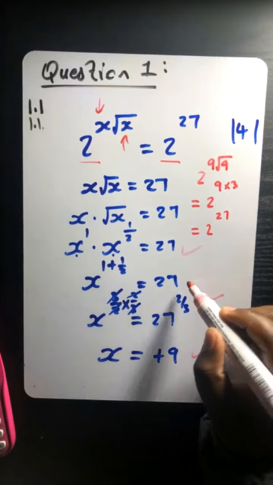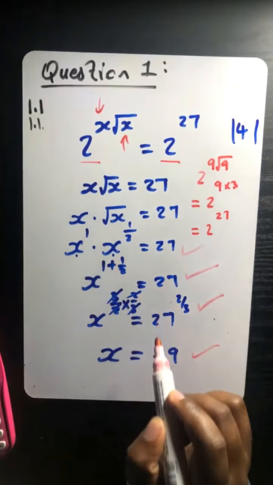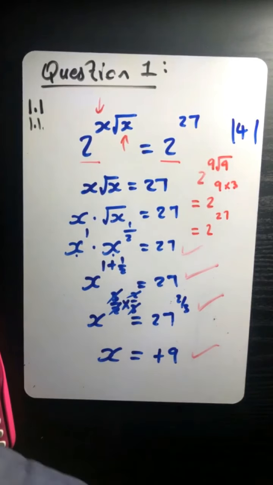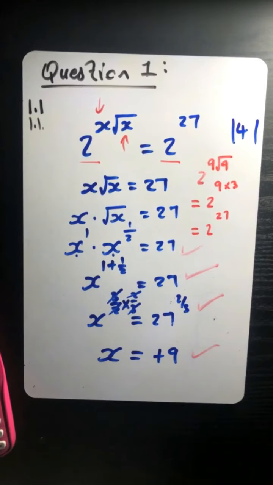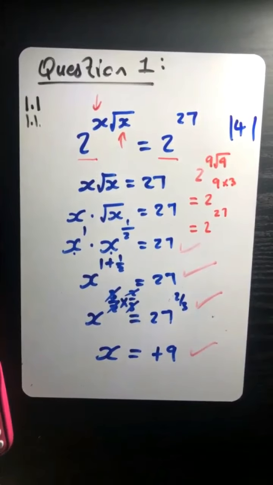And again, I think this step of you saying x to the exponent that is equals to 27, it's going to be allocated a mark. So guys, are you happy with those marks over there? Did it make sense to everyone? Yes, sir. Okay, 100%.